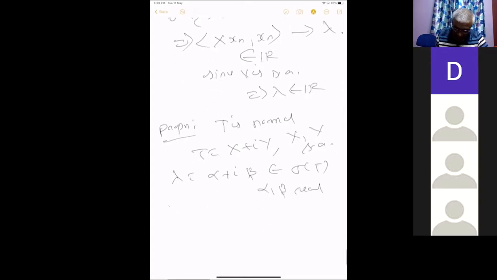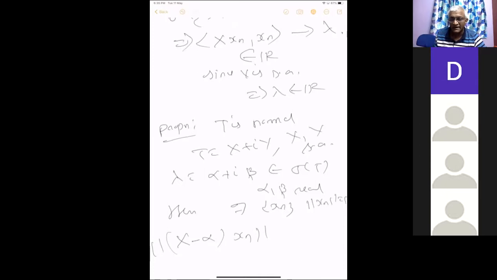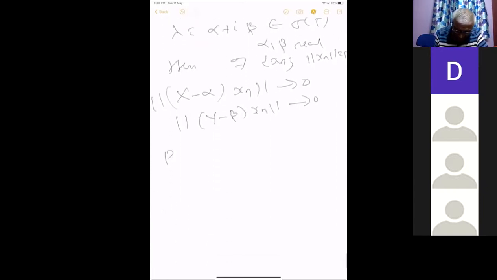Then there exist x_n with norm x_n equal to 1, approximate eigenvectors with approximate eigenvalue alpha for X and beta for Y. That is, norm of (X minus alpha) x_n goes to 0, and norm of (Y minus beta) x_n goes to 0.